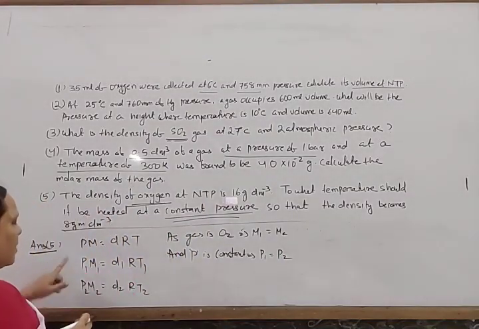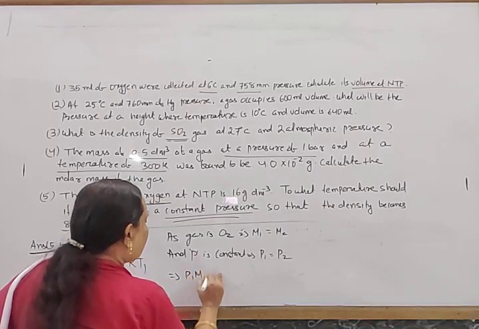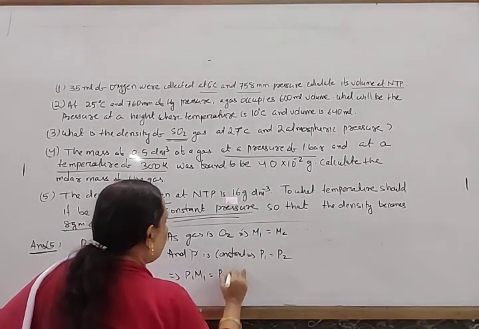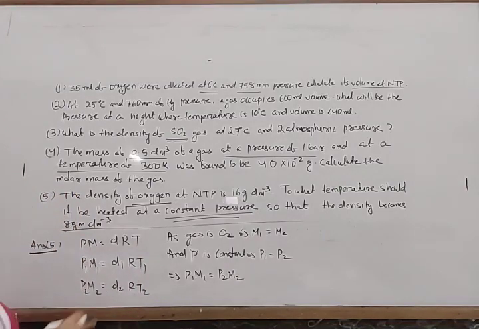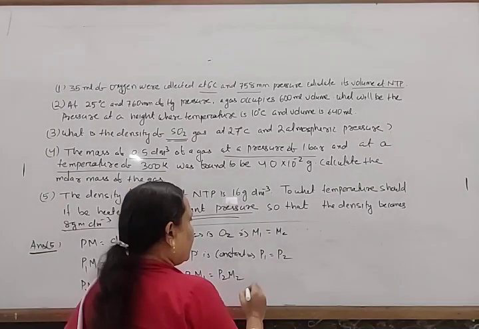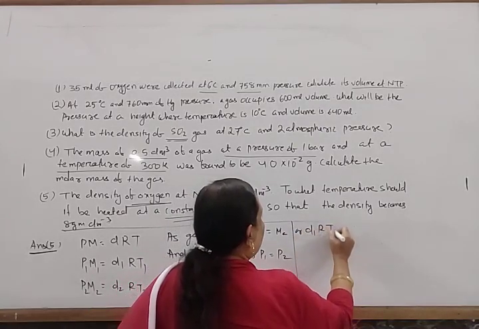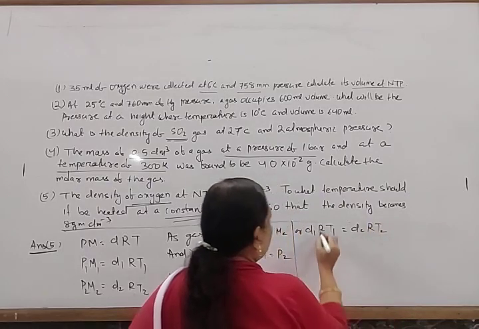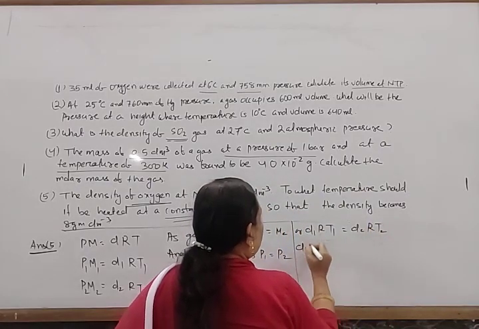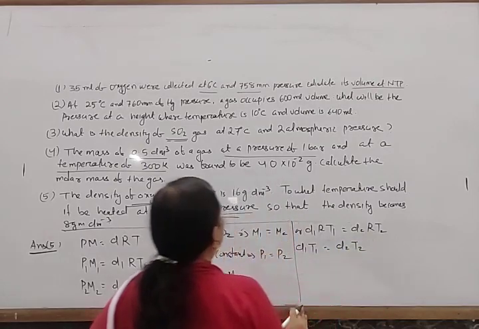That means P1M1 equals P2M2. Equating these two equations, we get d1RT1 equals d2RT2. R cancels, so d1T1 equals d2T2.